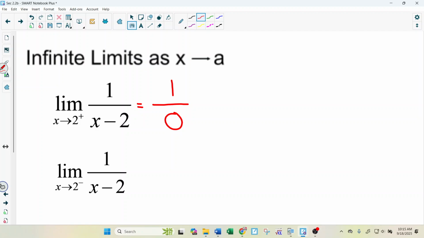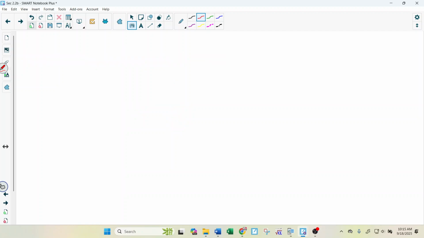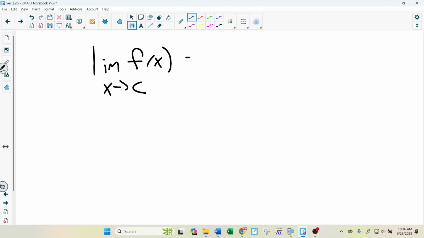What's our definition of a limit? The limit of f of x as x approaches c equals L if, go. Can you say it again? It's the limit of f of x as x approaches c is equal to L if, and we can write it as notation or in words, either way, if what?